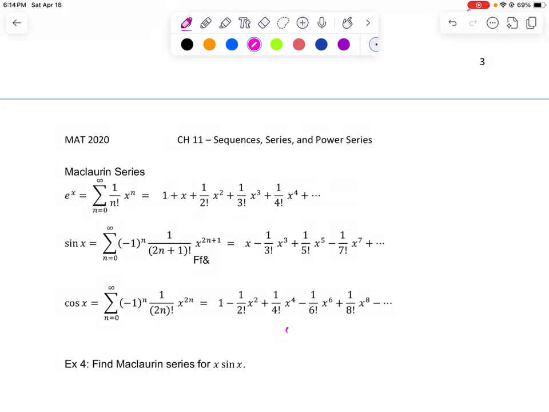We are not getting the even powers of x, because the even derivatives, when evaluated at 0, are 0, because sine of 0 is 0. Whenever the derivative contains sine x, the derivative is 0, so the term is 0.